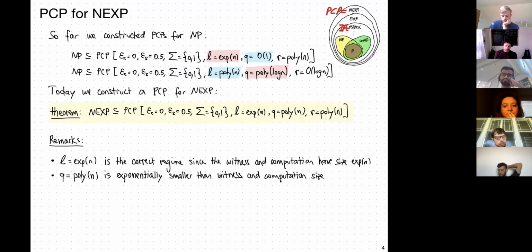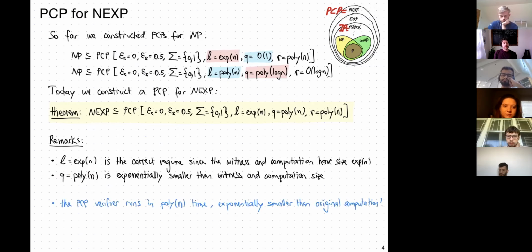So this makes sense. And again, just to mention, when we say polynomially many queries, one needs to remember that this is exponentially less than the size of the proof. We have a proof of exponential size, and we're doing something which is polynomial, so we're only probing a tiny portion.